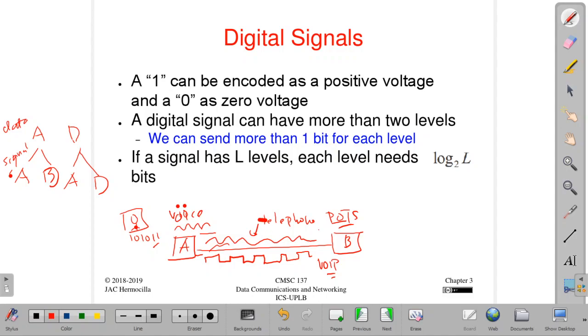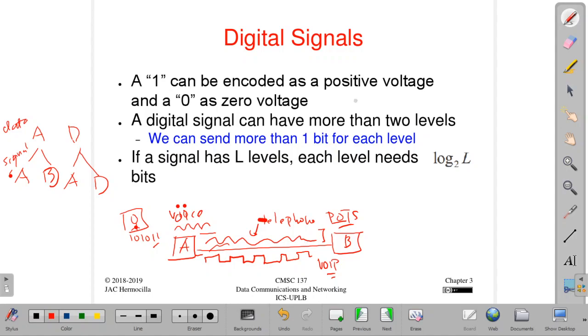So we discussed periodic analog signals last time, and basically we said that analog signals are represented by sine waves, and if we have what we call composite signals, which are composed of simpler sine waves, which are basically harmonics of the main frequency or the fundamental frequency.